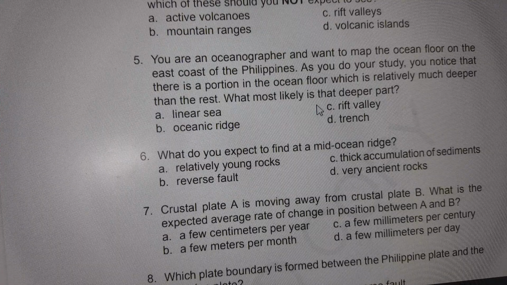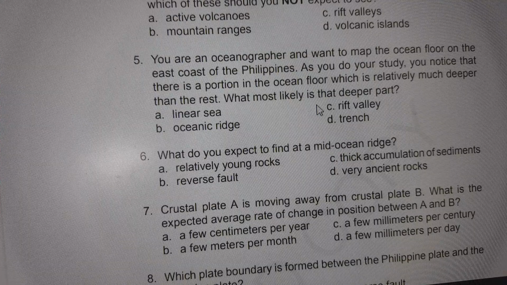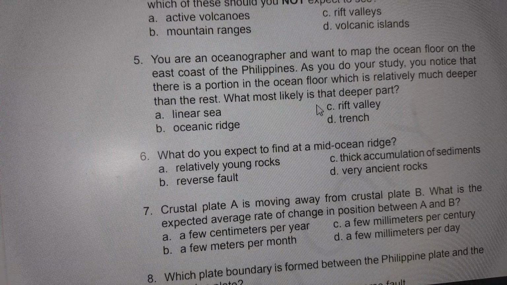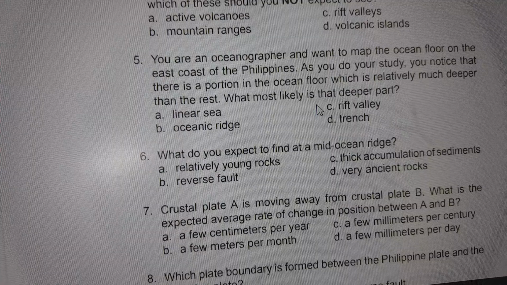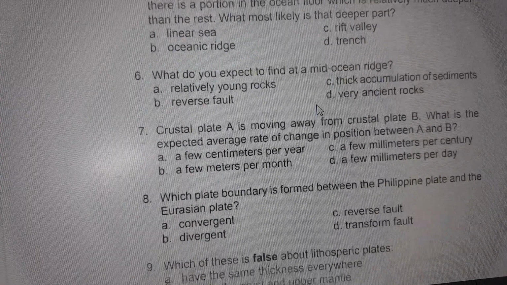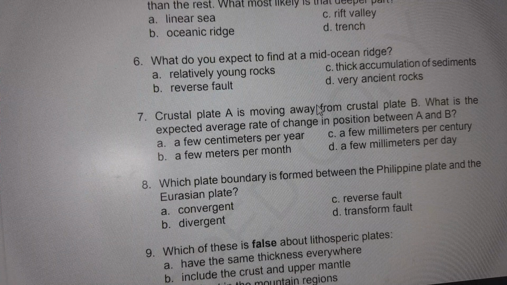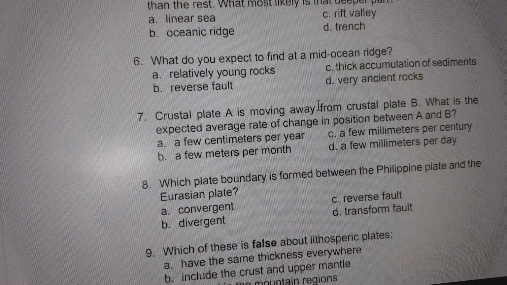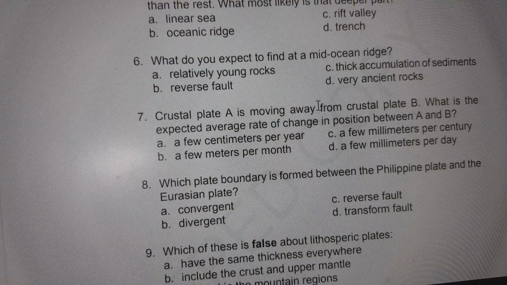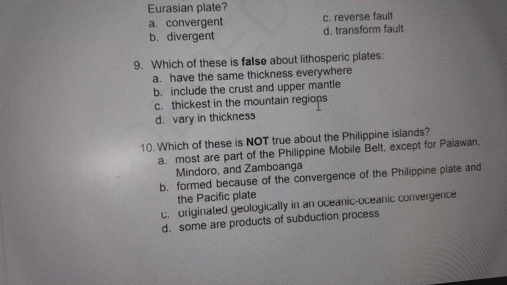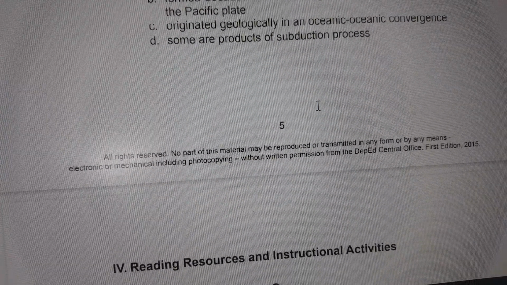Maybe you can have a dictionary next to you so that it will be easy for you to understand the meaning of the words. I would suggest that you have an English-Filipino dictionary next to you, or you can ask questions. You can ask the meaning of the word from your parents or other teachers, so that it will be easy for you to answer the questions.